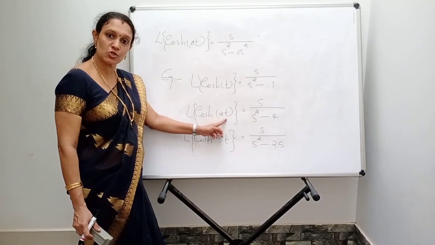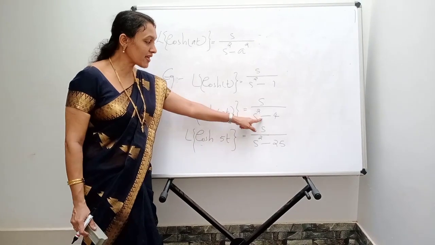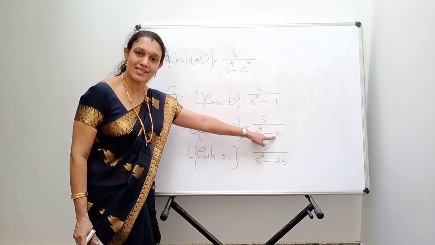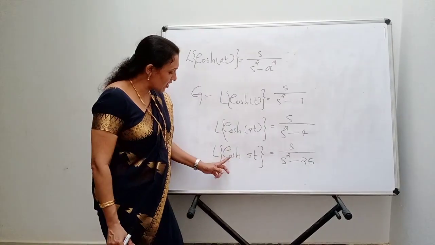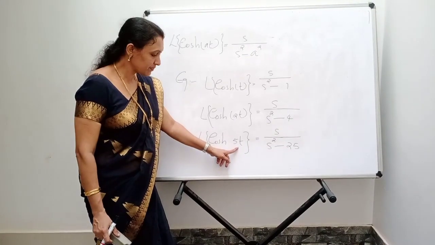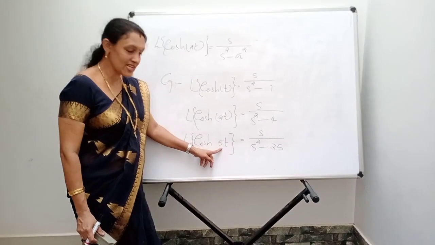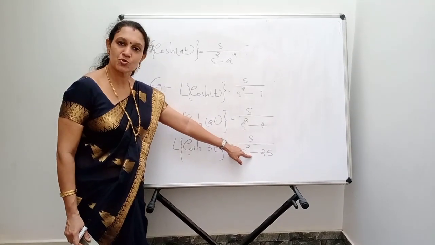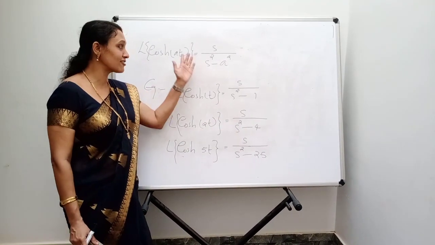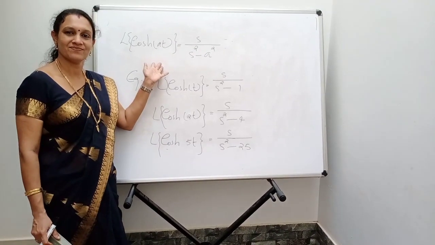That is s divided by s square minus 2 square, that is 4. So s by s square minus 4. Now L of cos h 5t, the a value is 5. Therefore L of cos h 5t is equal to s divided by s square minus 25. And very easily we can calculate the Laplace transform of these functions also.